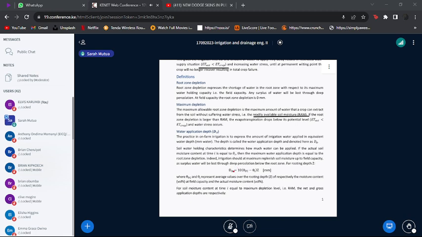Now, for the maximum dA, the maximum depletion or maximum water application depth, theta I will be theta PWP, and then you have to multiply by the factor P. I think I've already explained that.